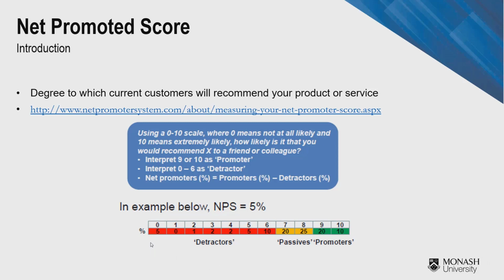Because the detractors take up 7 spaces, 0 to 6. 7 to 8 is your passive, which is the neutral point. We are really looking at the extremes in this case, 9 and 10, which is the percentage of people who are likely to promote our products.